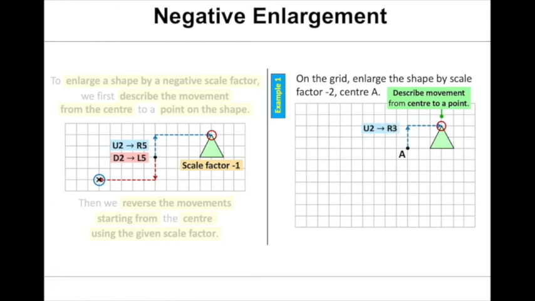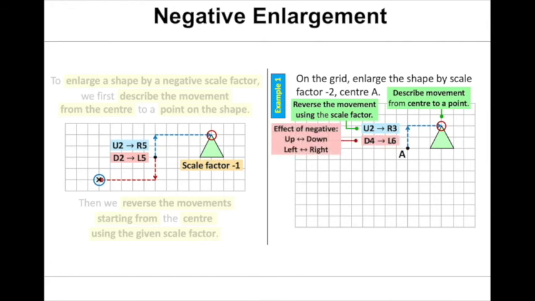Then the reverse has to be down by, well, this time is 4 because the scale factor is 2. Because 2 times 2 is 4, and you go the reverse. So down by 4 and left by 6 because 3 multiplied by 2 is 6. So that is the new point on the image.